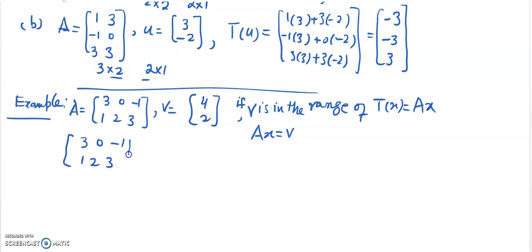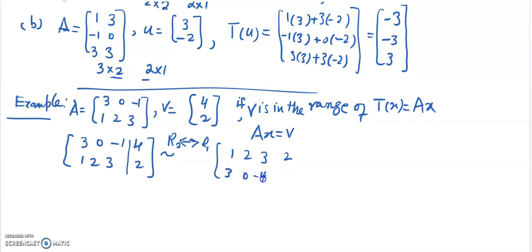1 2 3 | 4 2. To make it into echelon form, we can interchange row 2 and row 1. So it will be 1 2 3 | 2, and 3 0 -1 | 4.